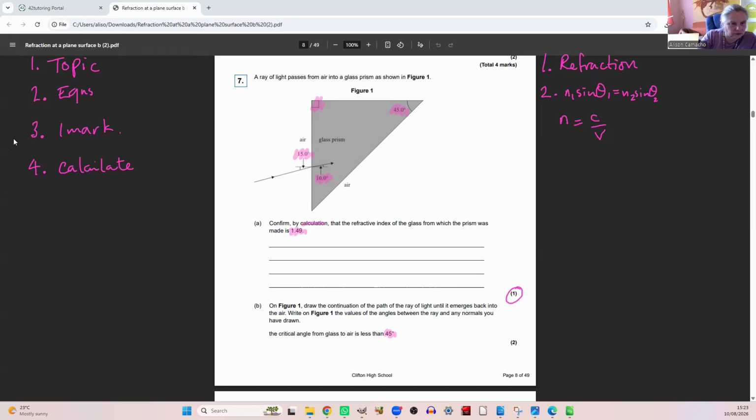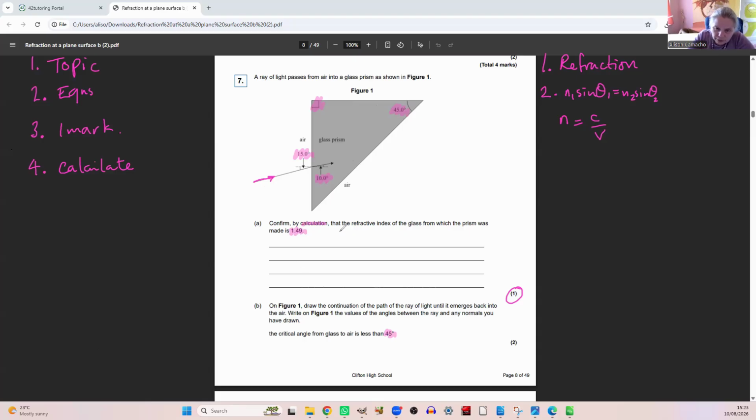Then the next thing is we're going to read for meaning, and add to our diagram if we need to, because there's already a diagram. So we've got a ray of light and it passes from air into a glass prism. So there is the ray, and it's going into the glass prism and bending.